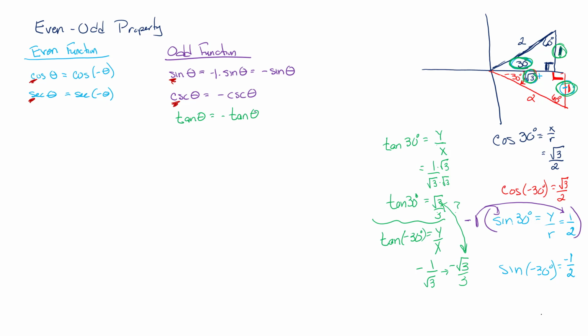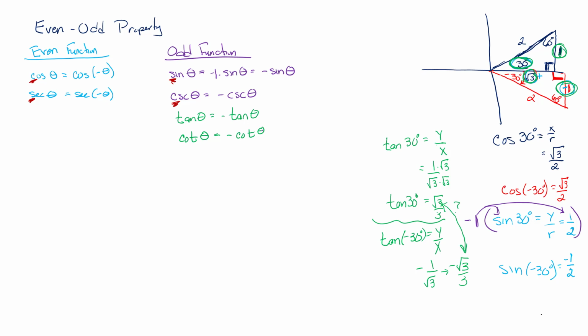By the way, what's the reciprocal of tangent? That's right, cotangent. So if tangent is an odd function, then so should cotangent be. Agreed? Okay. How are we doing? So far, so good? Makes sense? Love it. Okay.